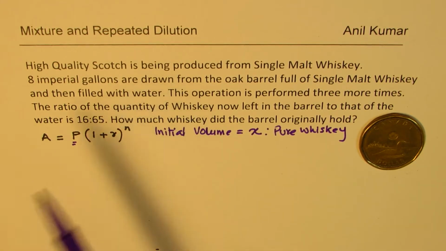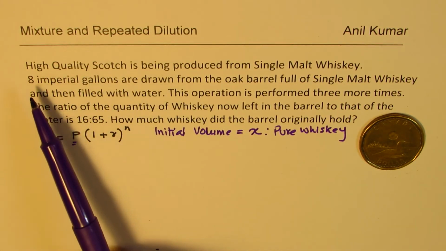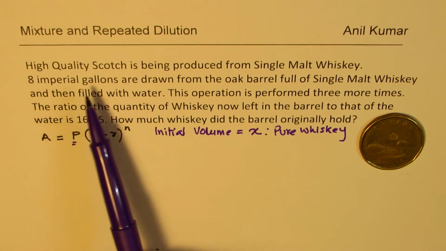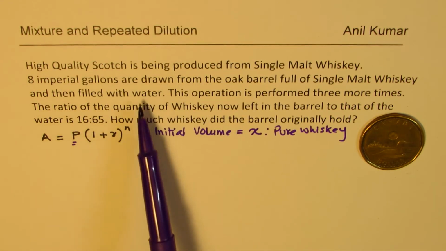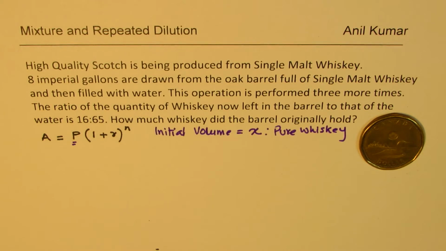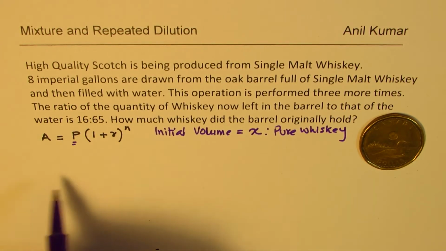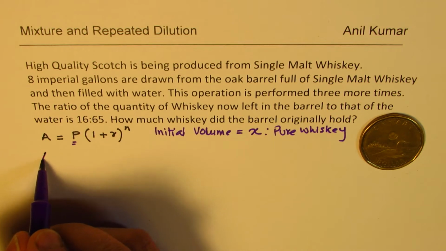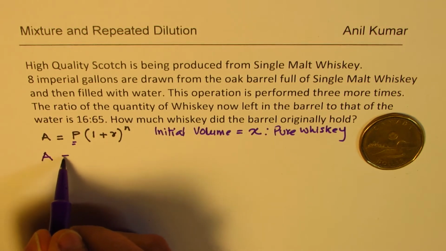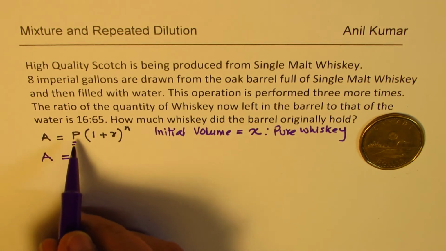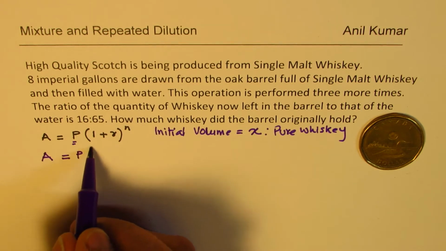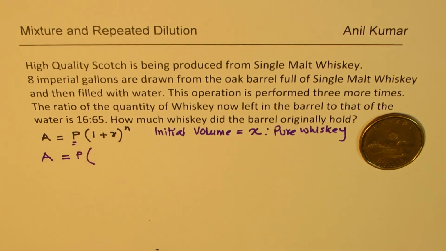Now what are we doing? We are taking away some quantity, which is 8 imperial gallons, and we are filling it back with water. So we are keeping this quantity X constant. In our case, the formula gets modified and could look something like this: this amount will be the starting amount P. We have to figure out what this rate is.